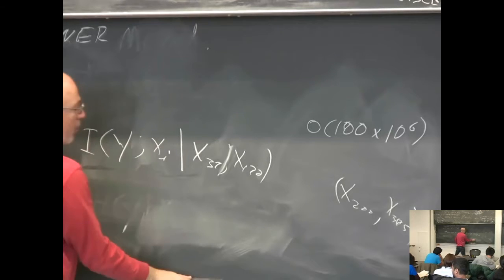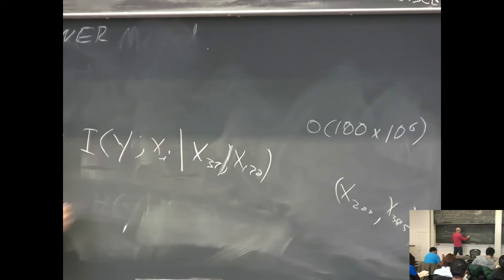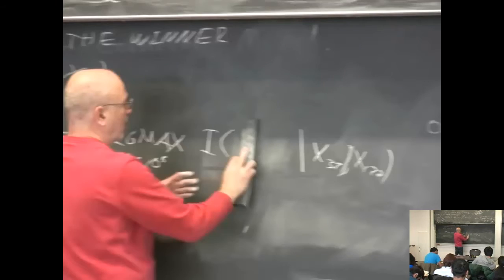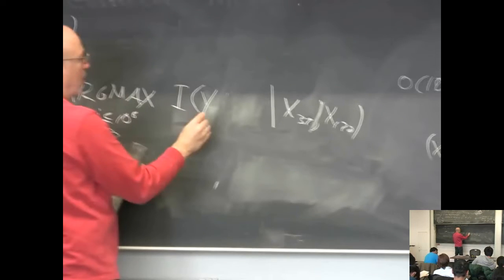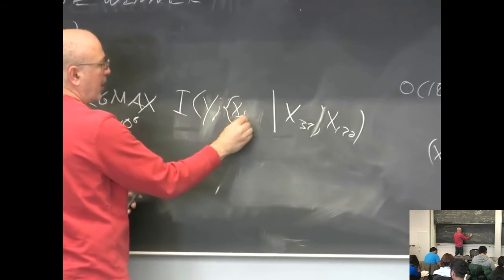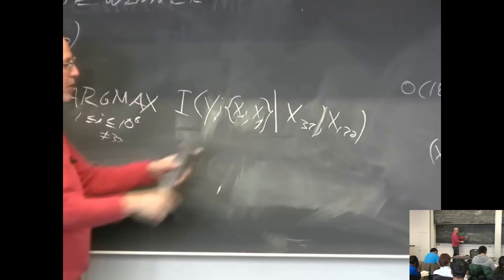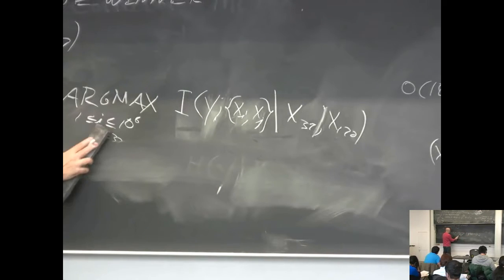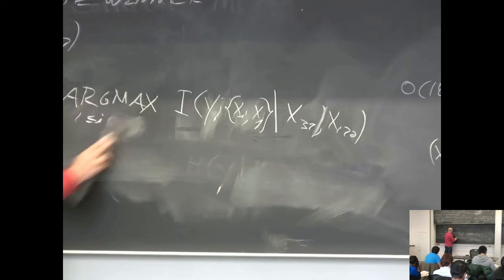Let's say we already chose 37 and 170. Now we are going to look at all pairs. Mutual information between y and xi, xj. I'll consider incorporating two at a time, and I will look not just for i, but for j as well.